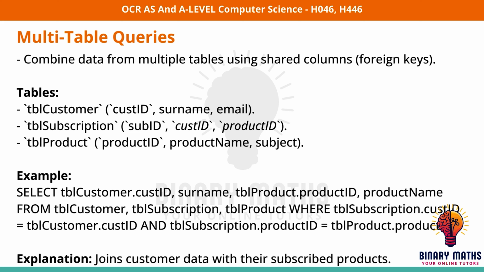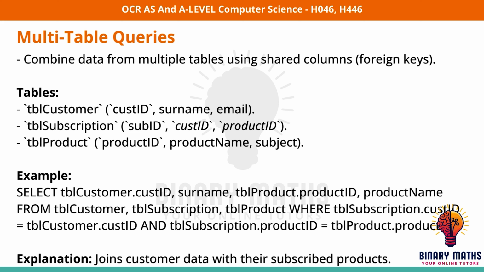To retrieve a list of customers and the products they've subscribed to, we'd write a query like the one that you can see on your screen under the example. Select table customer ID, surname, table product ID, and product name. The from would be from table customer, table subscription, table product.